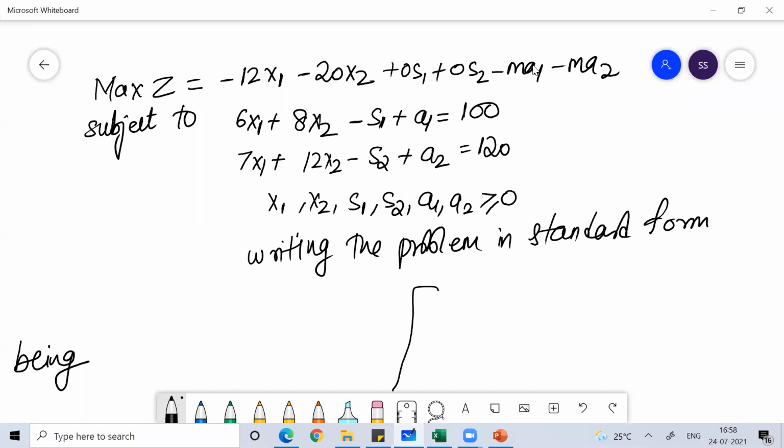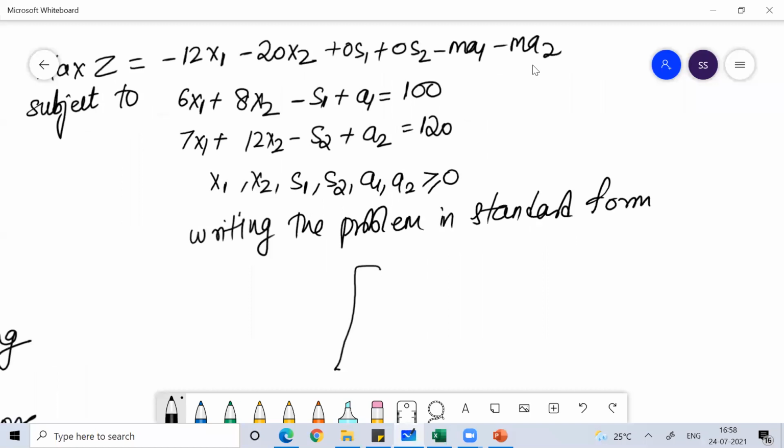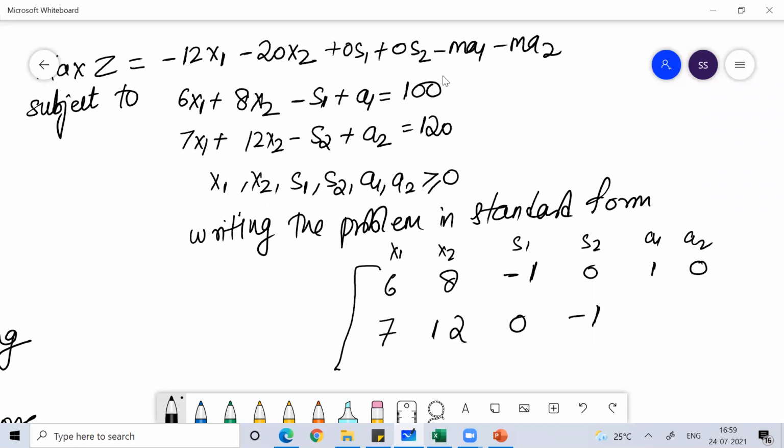This will be 6, 8, minus 1, 0, 1, 0, with columns x1, x2, s1, s2, a1, a2. Then the second row is 7, 12, 0, minus 1, 0, 1.